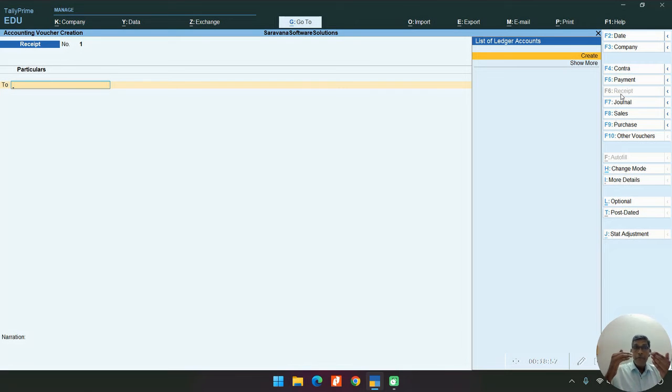Whenever money flows in, in terms of cash or bank, such entries you are going to record under the receipt voucher window. Any entries which could not be posted under contra, payment, receipt, purchase or sales can be posted under journal by pressing F7.